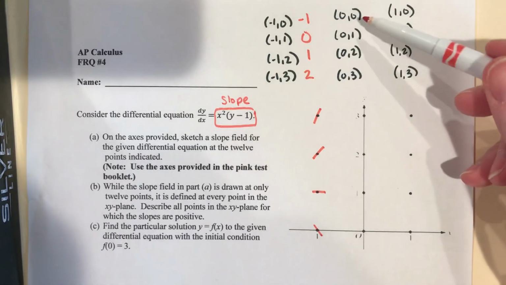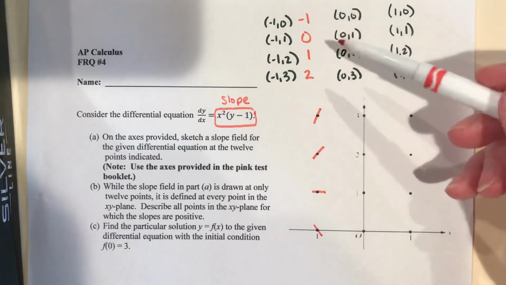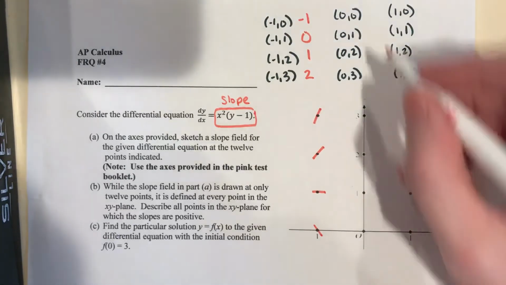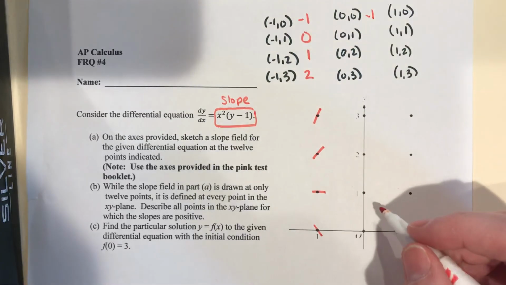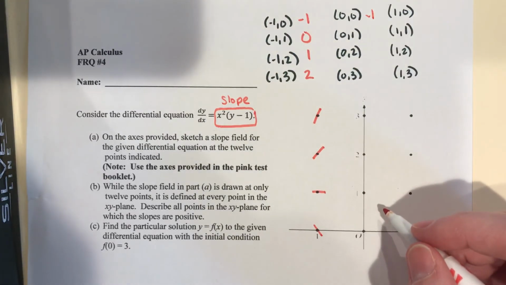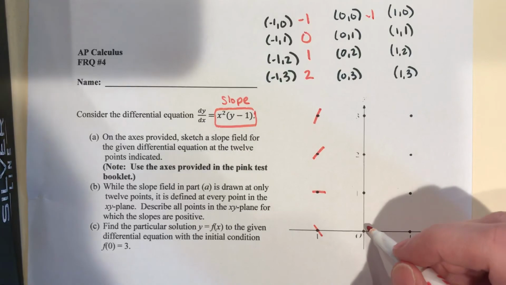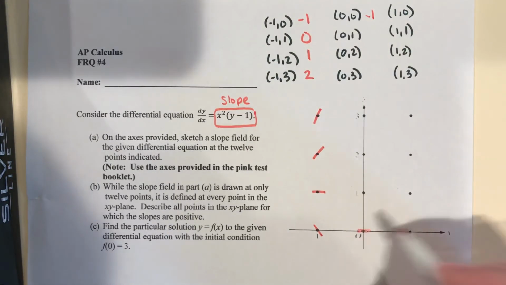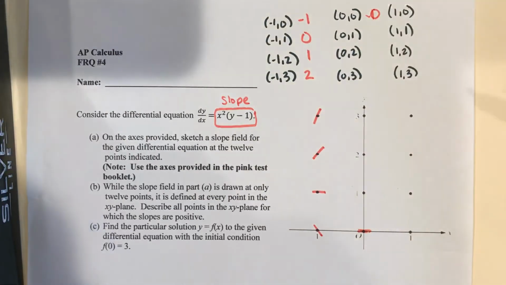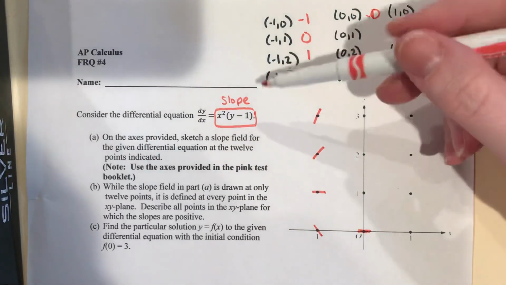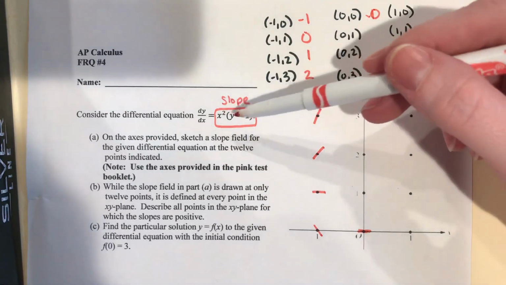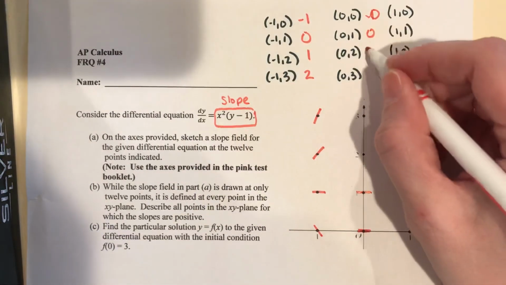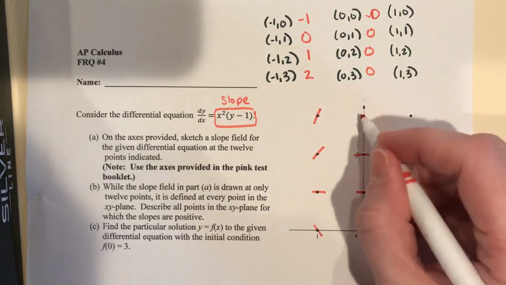Now I'm going to find my slopes for this second column. (0, 0) gives me 0 times -1, so -1. Oh, sorry, 0 times -1 is 0. Fix that. (0, 1) gives me 0 times anything, which is 0. So actually, all of these are going to give me slopes of 0.